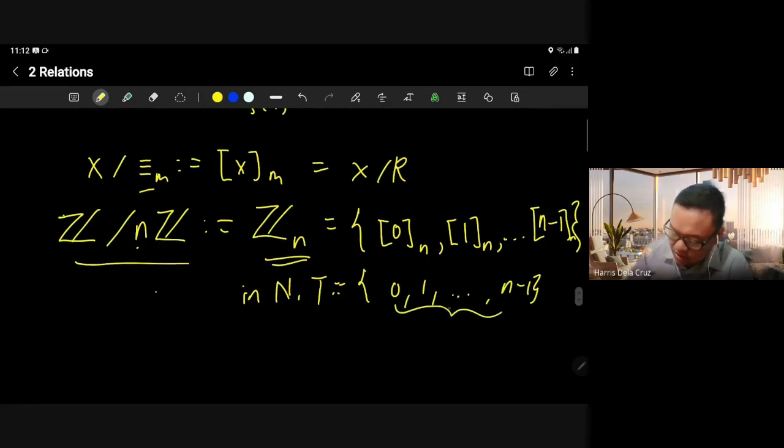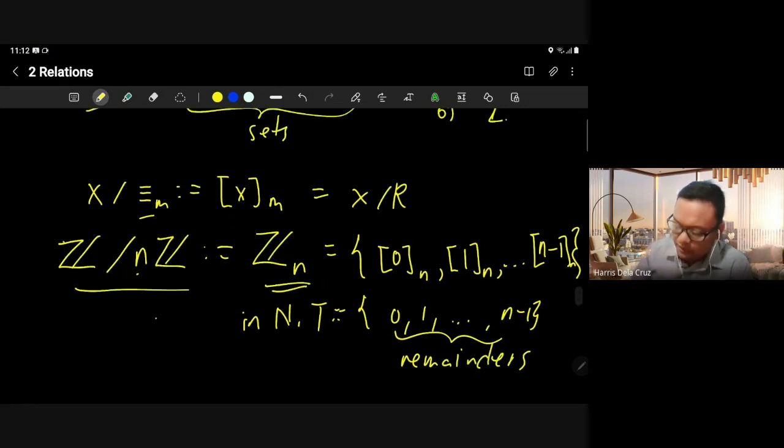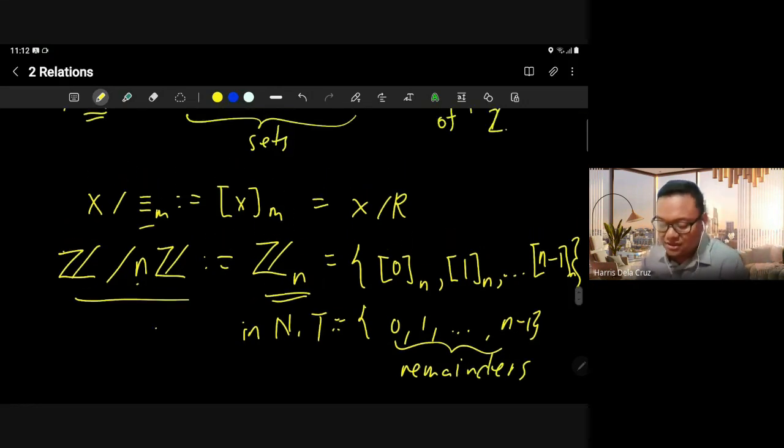These are actually the remainders. Okay? So, in number theory, tinitingnan nyo lang siya as remainder. Pero here in set theory, tinitingnan natin siya as the collection of the set that leaves the same remainder when you divide it by n. Okay? So, yun yung connection ng dalawa.